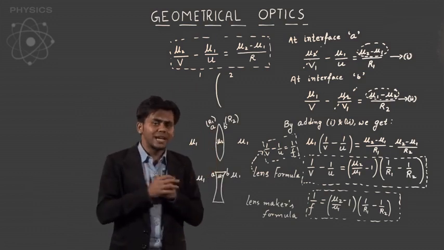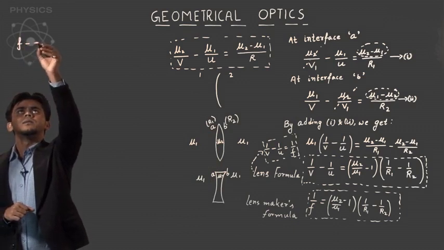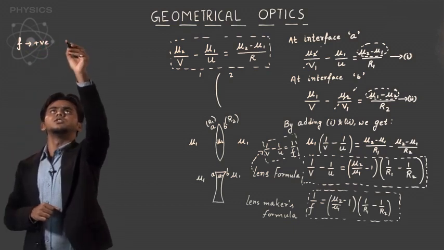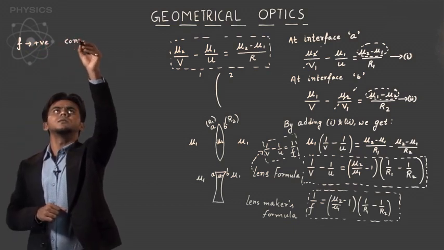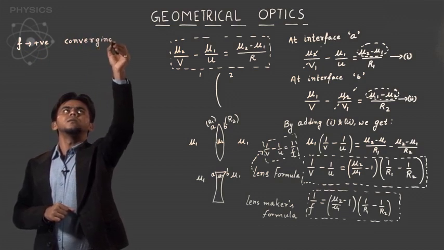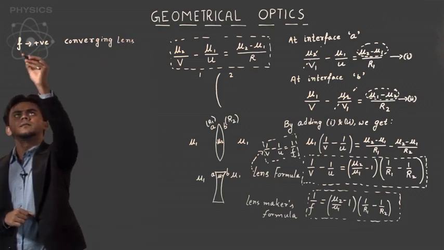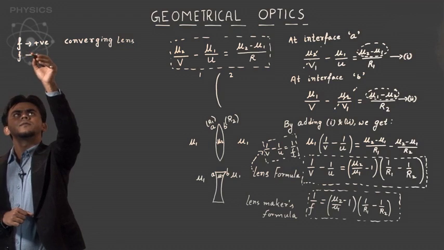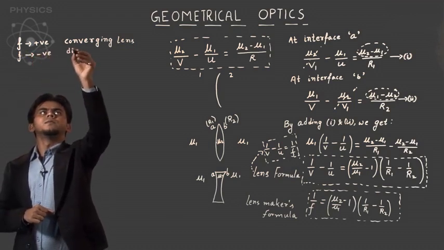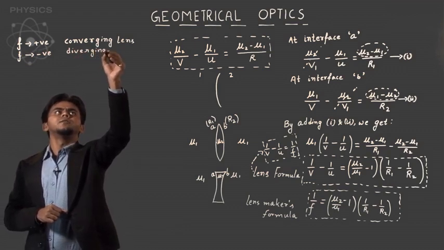Now I briefly talked about converging and diverging lens, and I said that this is independent of the geometry, by which I also meant that if f positive means a converging lens and f negative means a diverging lens.